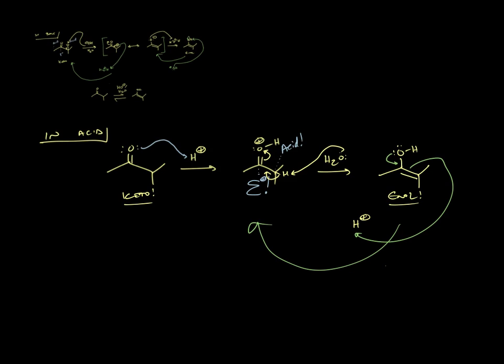And certainly at this point, we could add in our water, which could just deprotonate that positively charged O, and would turn this back into a ketone. So it turns out that in acid, we also have a keto-enol reaction or equilibrium, in which on its own, in solution, the ketone goes back and forth to the enol.